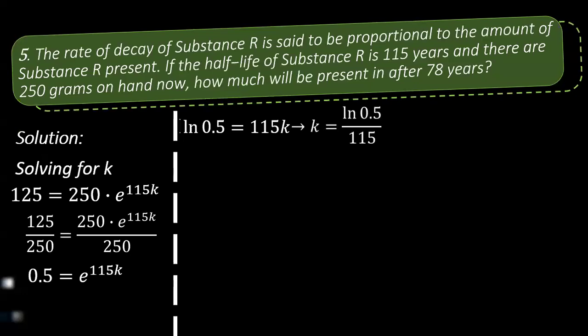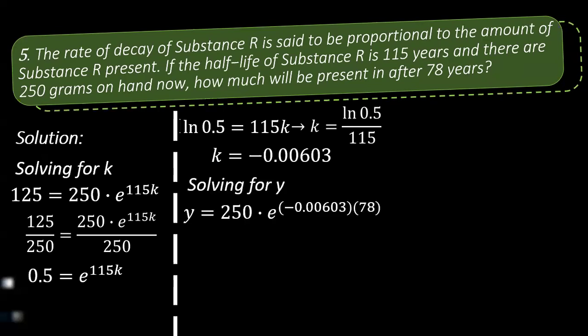Then we divide ln of 0.5 over 115. So you will get 5 decimal places of negative 0.00603. Solving for y, we have y is equal to 250 times e raised to negative 0.00603 times 78.